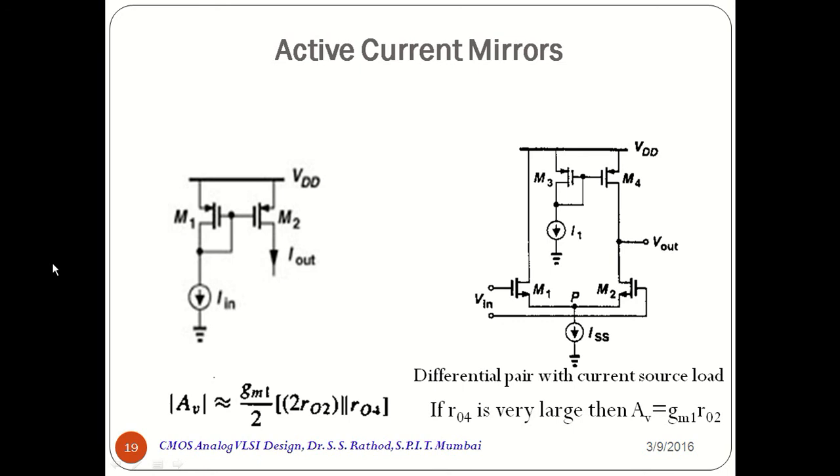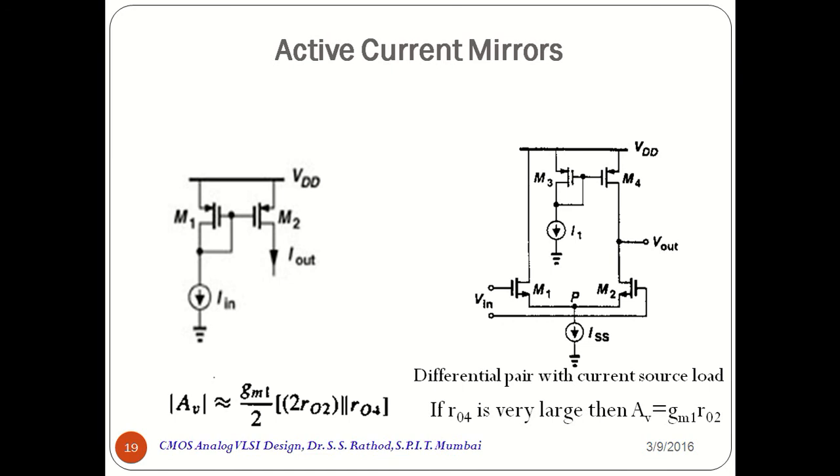Now consider the differential amplifier where a current source in a mirror arrangement serves as a load and the output is single-ended. So the small signal gain for this circuit will be AV equal to GM1 times twice of RO2 parallel to RO4.